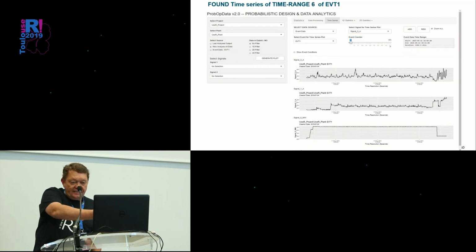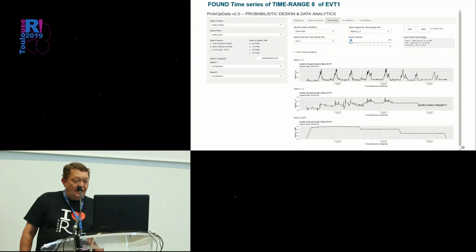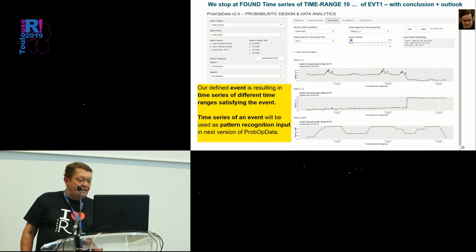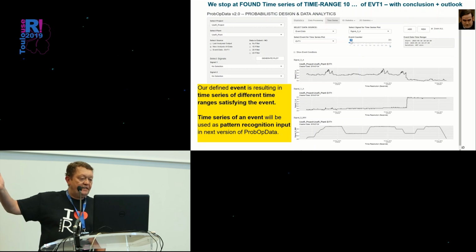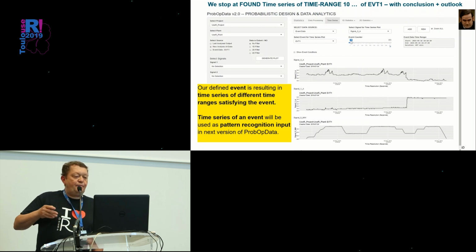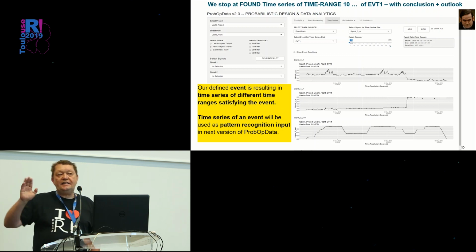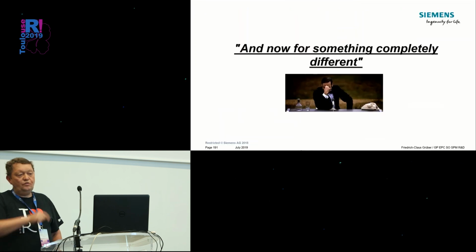You see here different patterns, and okay, it looks like this. So an event is resulting in time series of different time ranges satisfying this event. And this time series we will use as pattern recognition input in our next version of our tool here for engineers.